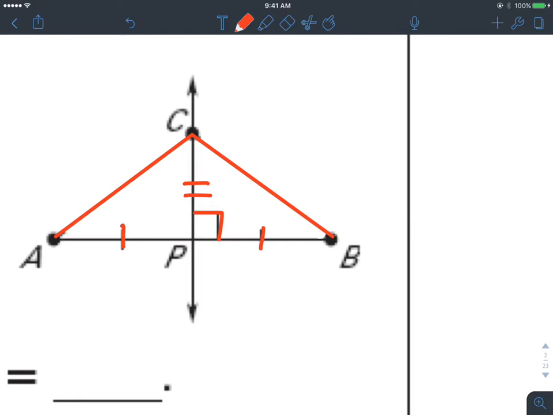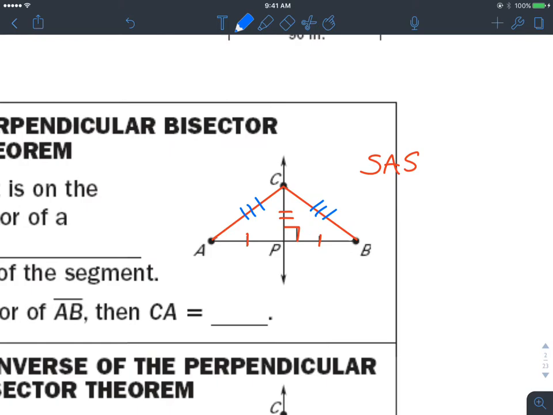And because you have 2 congruent triangles by side angle side, that means everything else about the 2 triangles is going to be congruent. That means the rest of the angles and the rest of the sides as well. So that means AC is the same distance as CB.